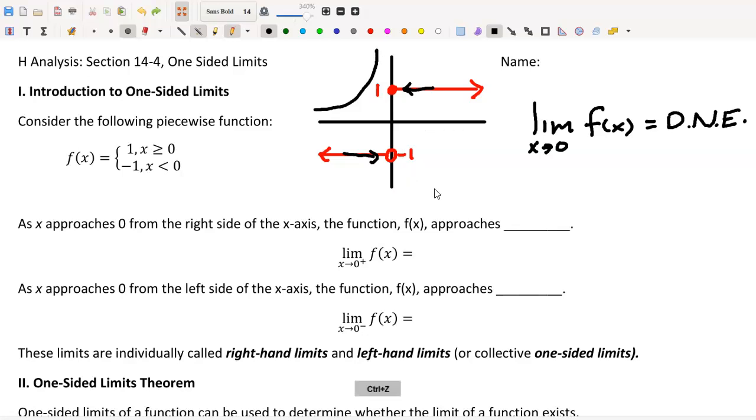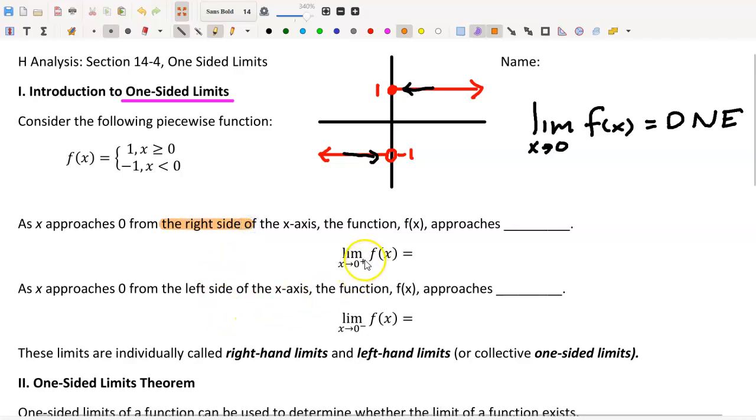All right. However, there are certain circumstances, usually with piecewise functions, where we would just want to look at one side. Not both sides as they approach one number, but only the left side or the right side of whatever number they give us. So hence the title here, one-sided limits. So we have the situation where we can approach from the right-hand side, right?